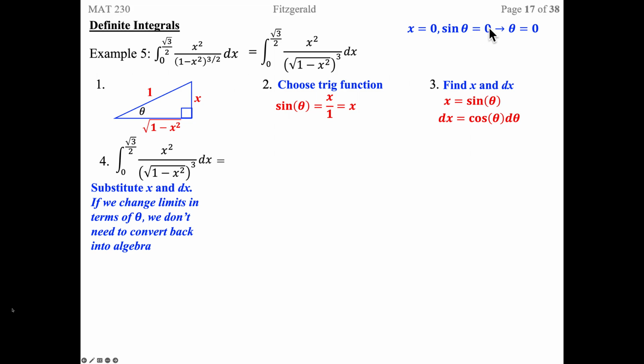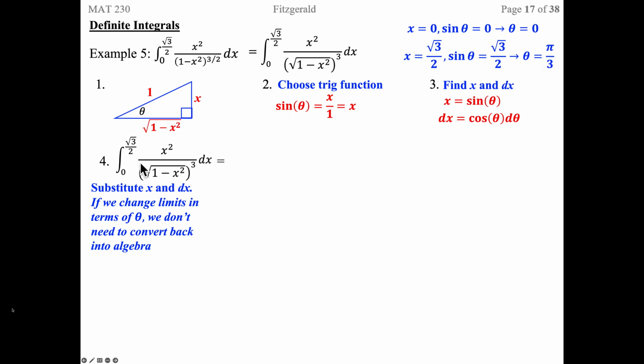That means theta has to be equal to 0. When x is equal to radical 3 over 2, when does sine of theta equal radical 3 over 2? That's when theta is equal to pi over 3. Again, you see that radical 3 over 2, you're thinking of that 30, 60, 90 right triangle, opposite over hypotenuse, so that's the 60 degrees, just rewriting it in radians.